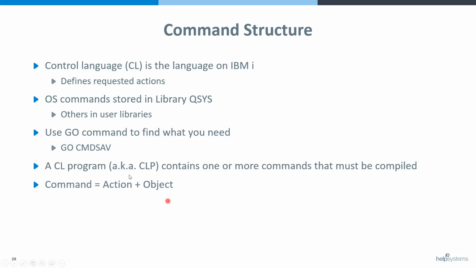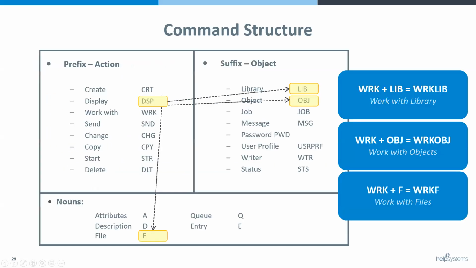And then the command structure itself is action and object generally. For instance, we'll have a 3-character prefix indicating the action that you want to execute, like change, display, create, start, delete, etc. And then what you want to act upon. Do you want to act upon a library, an object, a job, a user profile?